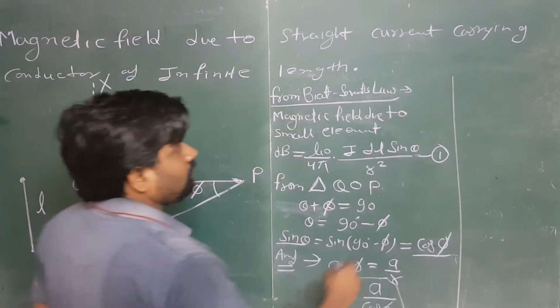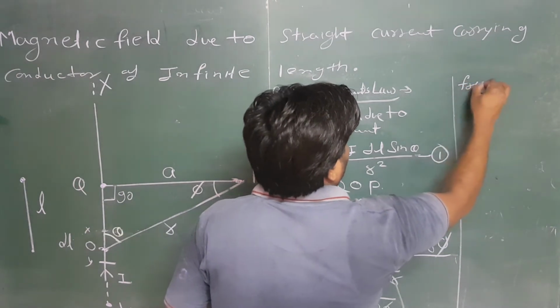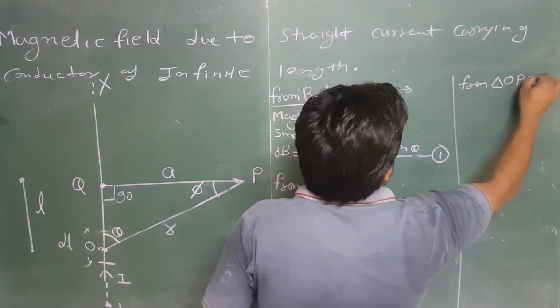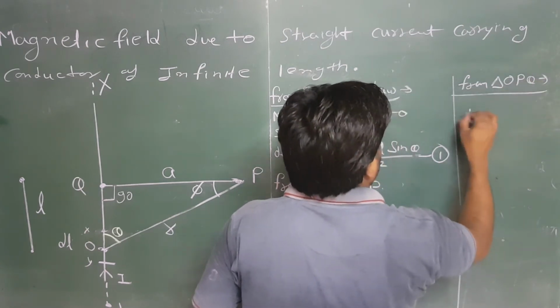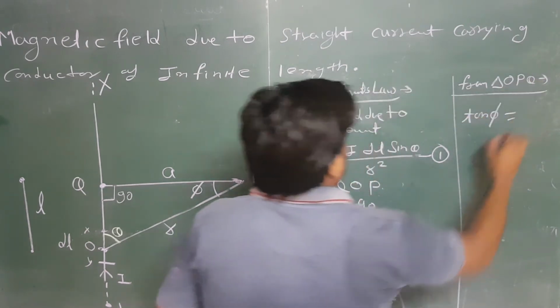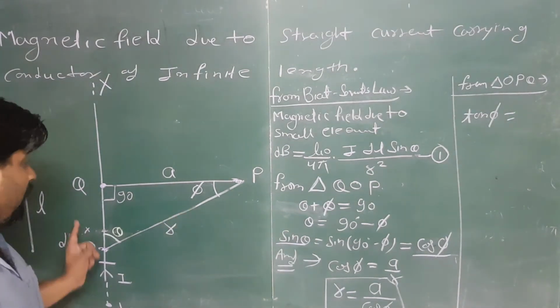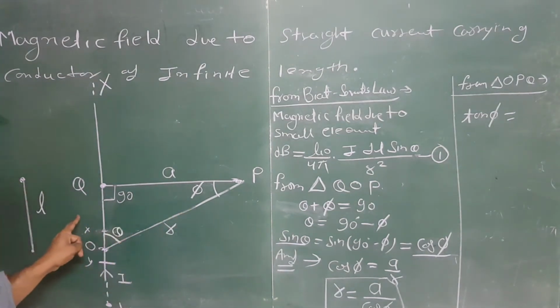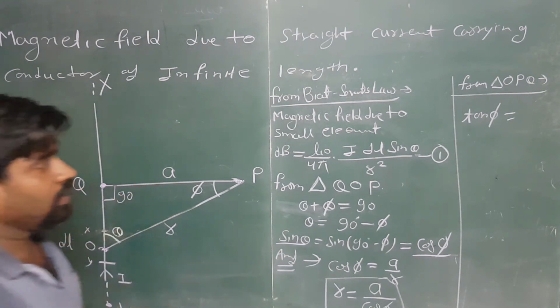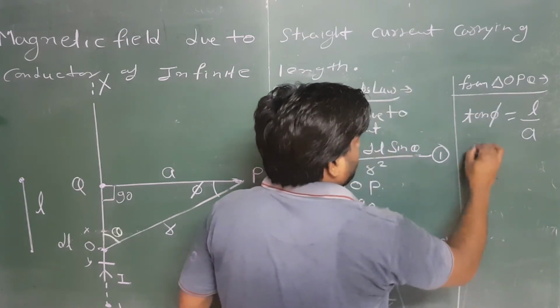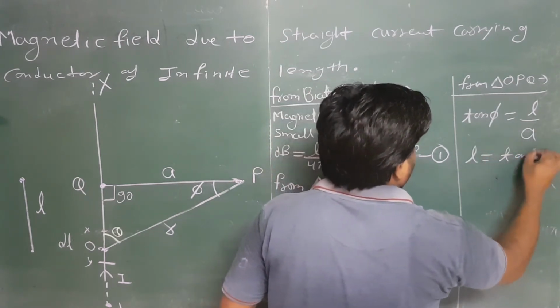By applying from this triangle, again you will take triangle OPQ, tan phi. If this is phi, then tan phi is the perpendicular upon base. So the perpendicular becomes the length L and the base becomes A. So we will write L upon A, then L is equal to A tan phi.